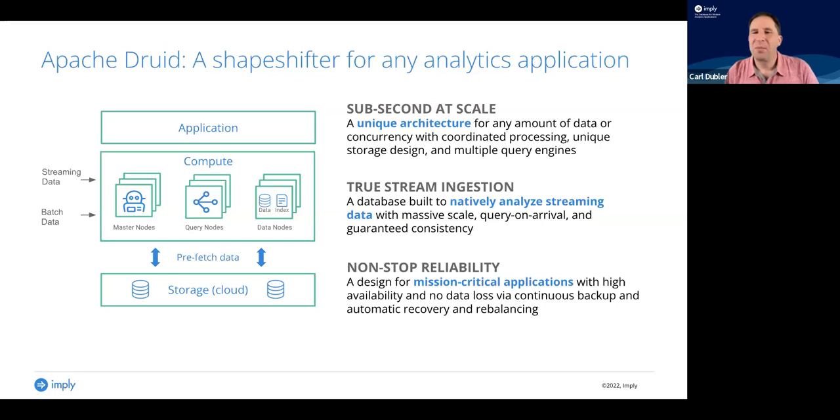The key thing, I believe, is those two important words towards the top of the slide here: sub-second at scale and our unique architecture. Let's be honest, if you have a small amount of data and a handful of users, well, you can survive on just about any database for that.